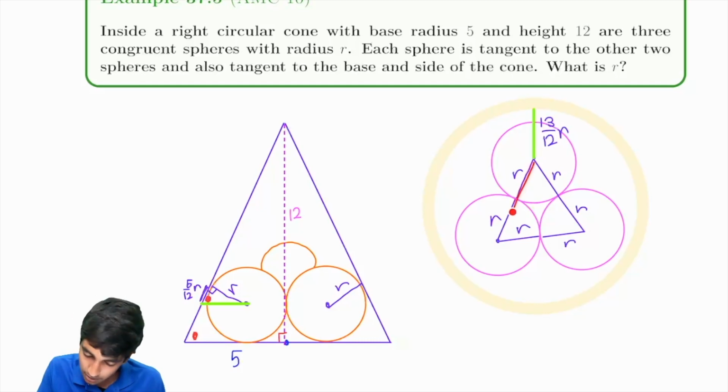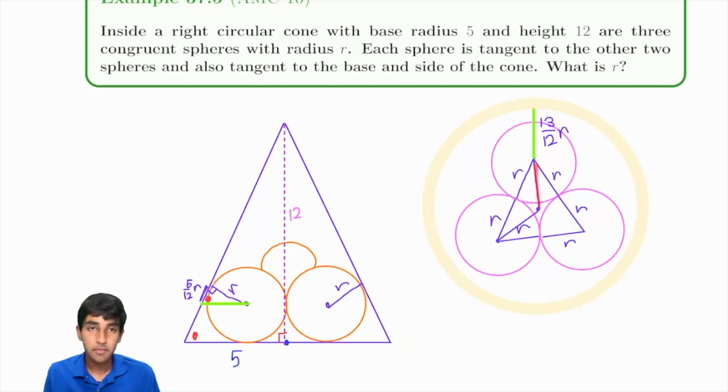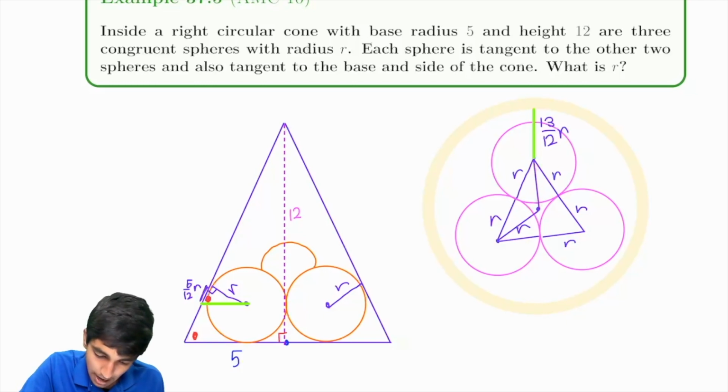Well, first of all, we have this equilateral triangle here, and that's useful. So let's look at the center of this orange circle, this highlighted orange circle. We have this distance and we have this distance. What is this distance over here? We've got an equilateral triangle, so we can just drop in an altitude and use 30-60-90s.